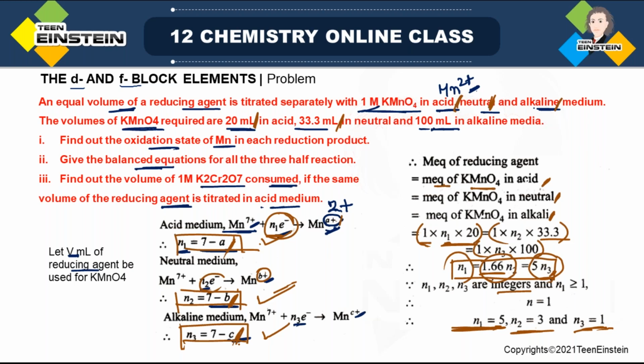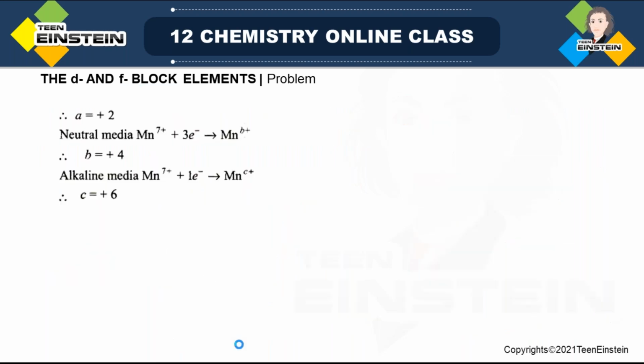So we will put in all these values of N1, N2, N3. When it is acidic medium, it will be +2. When it is neutral medium, it will be +4. When it is alkaline medium, it is +6. So now we have already obtained the answer to the first question, that is the oxidation state of manganese in different media: acidic, neutral and alkaline.